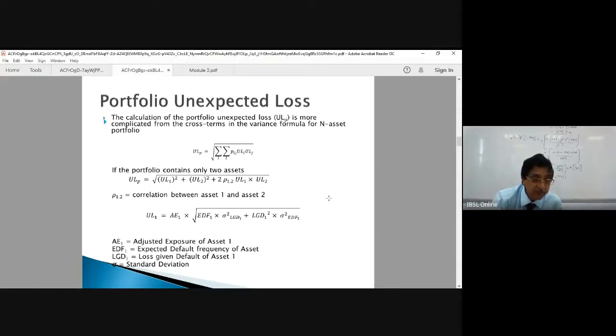Now that gives you the portfolio expected loss. Not the expected loss, the unexpected loss, sorry, unexpected loss.